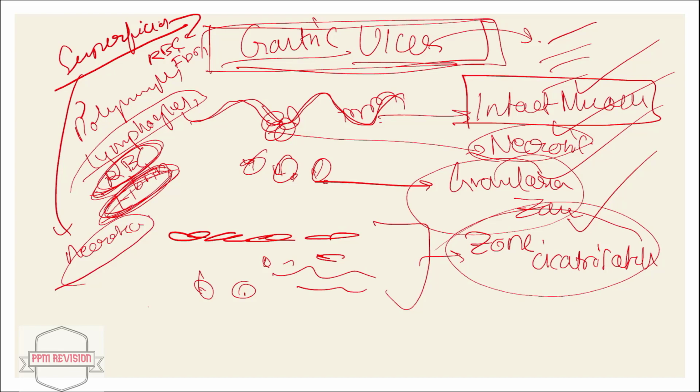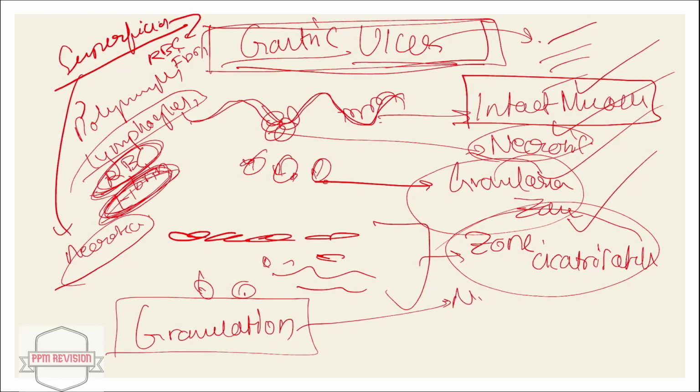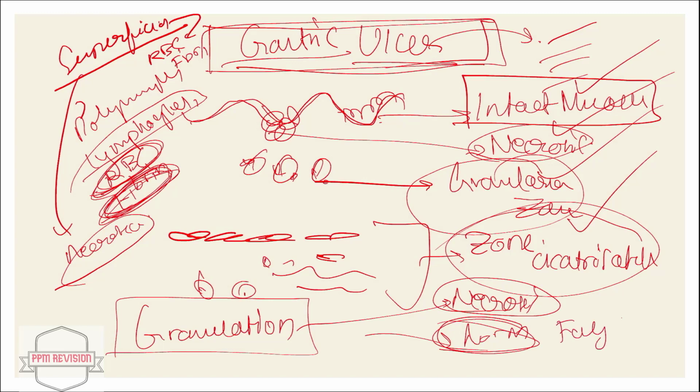So the granulation zone is divided into 2, right? Firstly there's necrosis that is seen, then there's normal tissue that is seen. Then below there is a fully formed fibrous tissue, and here is the zone of cicatrization.